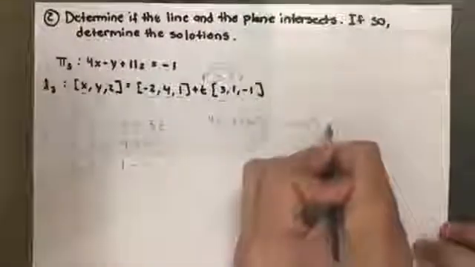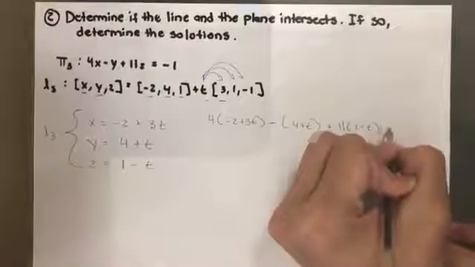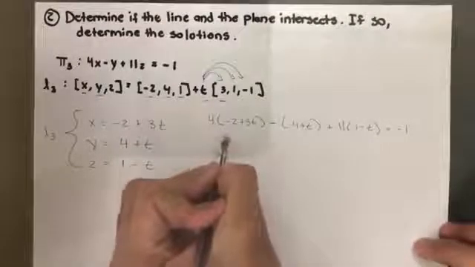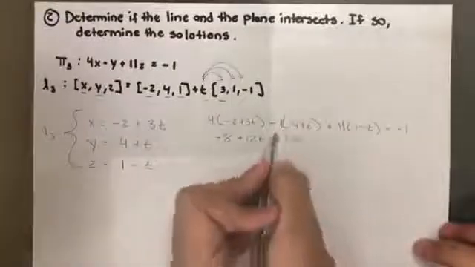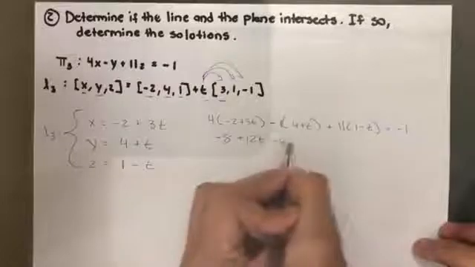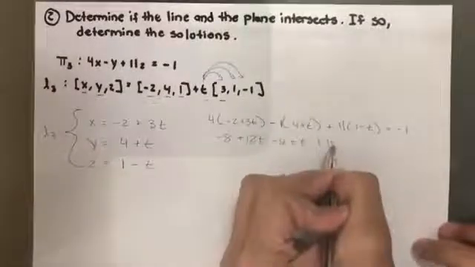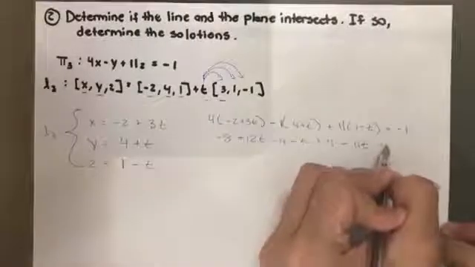We're going to have plus 11 times (1 minus t), which is equal to negative 1. Now the next step is to distribute. So 4 times negative 2 is negative 8 plus 12t. We have a negative 1 here, so negative 1 times 4 is negative 4 minus t. Then we have a plus 11 and a 1, so it's going to be plus 11, and it's going to be minus 11t, equals negative 1.